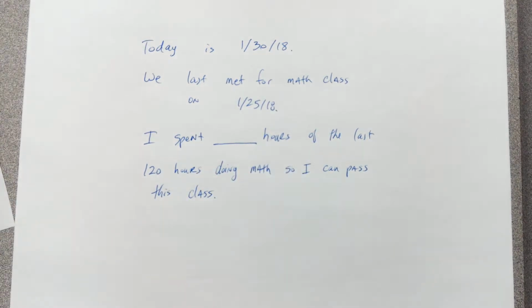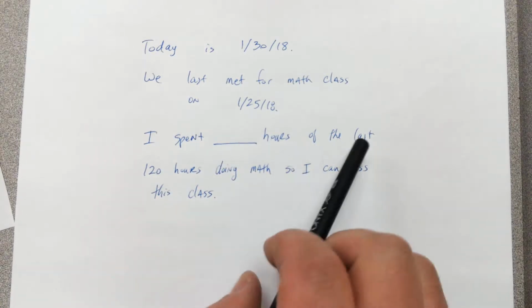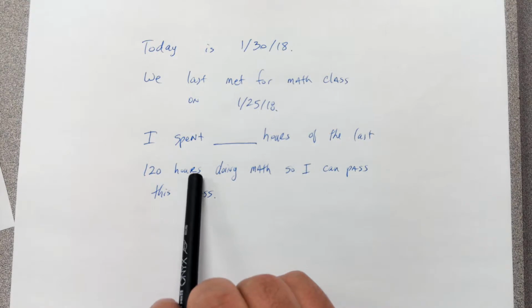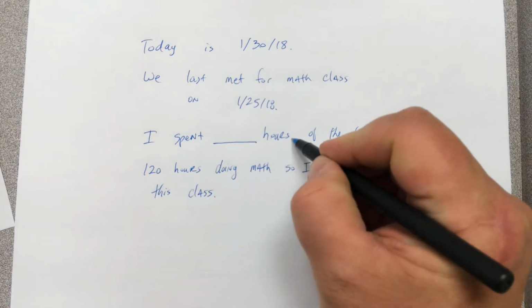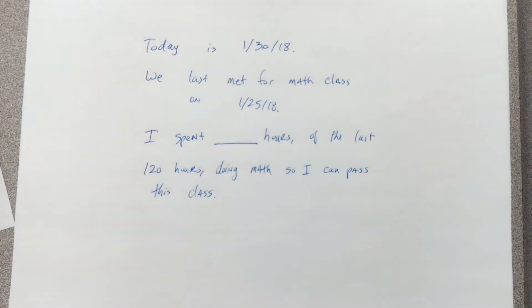You have to fill in the blank. I'm not going to see the number. It's not that I don't care what the number is. It says I spent blank hours of the last 120 hours. Punctuation's good. Doing math so I can pass this class.